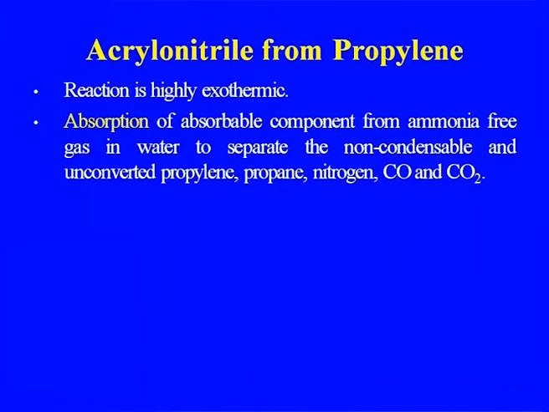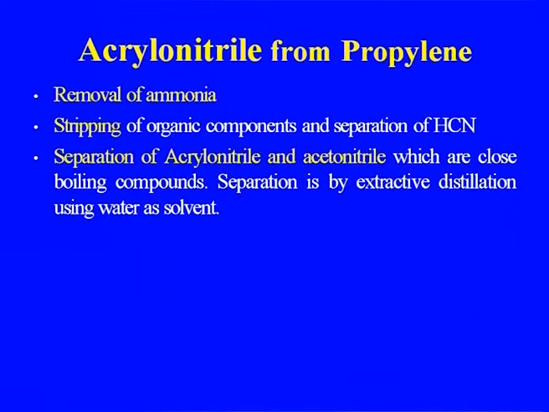Because we are doing oxidation, this reaction is highly exothermic. Next is absorption of the components from the ammonia-free gas in water to separate the non-condensable and unconverted propylene, propane, nitrogen, CO and CO2. Then removal of the ammonia, stripping of the organic components and separation of the hydrogen cyanide.